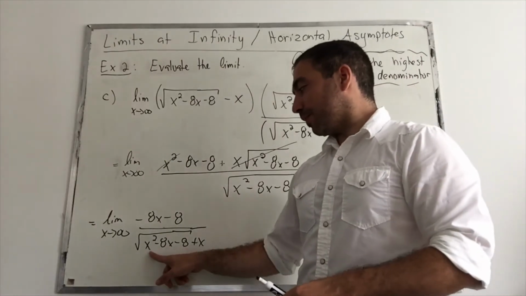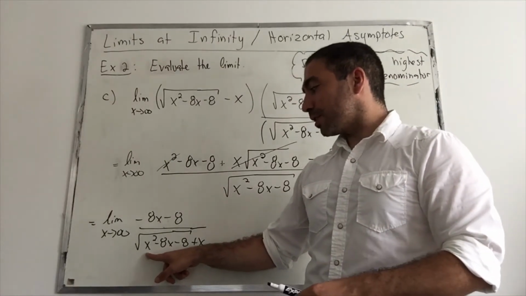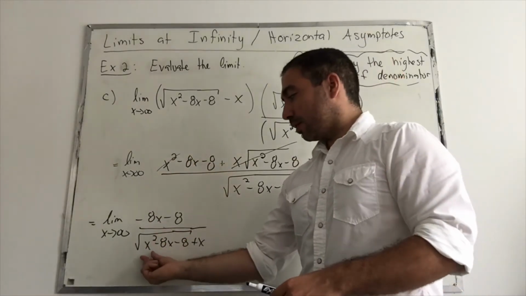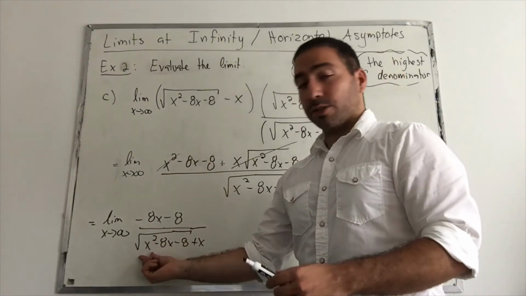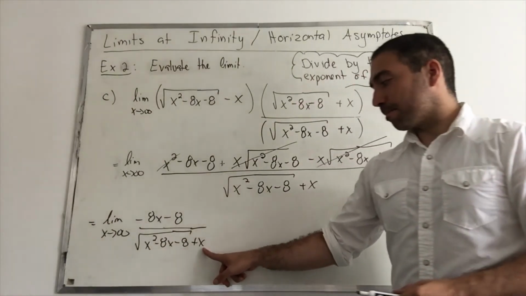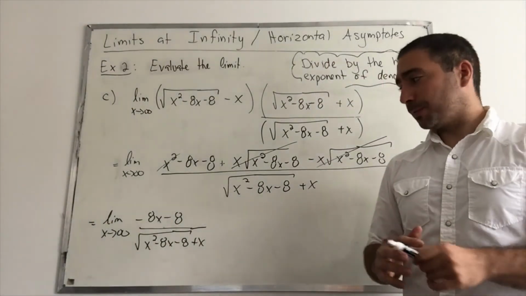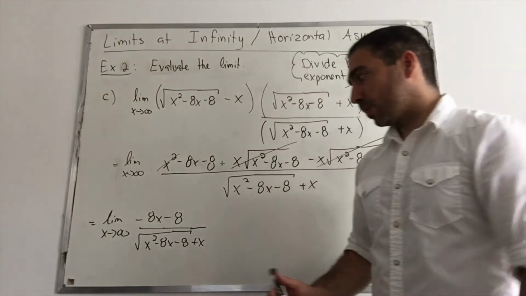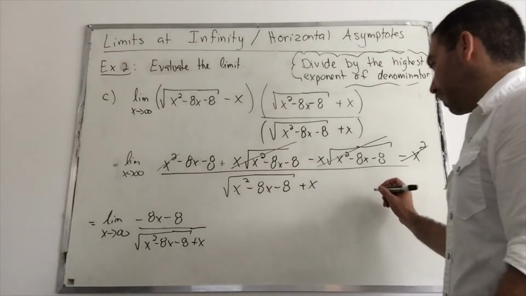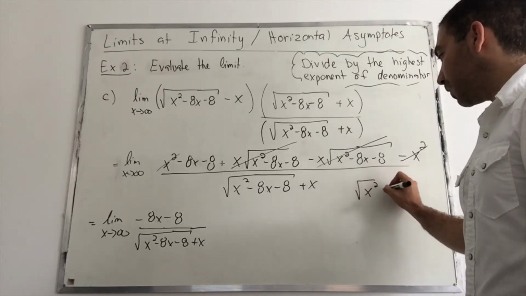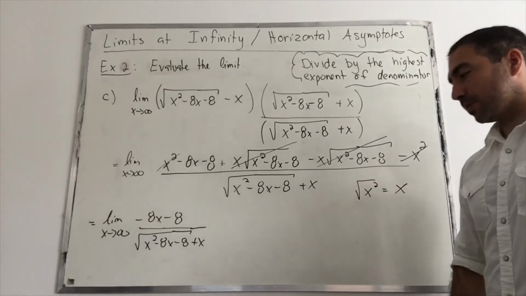Well, if we think of the first term, x squared being the largest, it's inside the square root. So the square root of x squared is just x. So we could conclude that the highest exponent on the denominator is just x. So let's go ahead and do that. So keep in mind, square root of x squared is x.